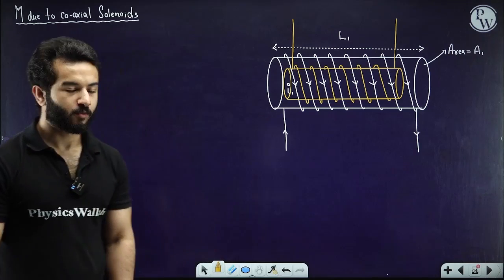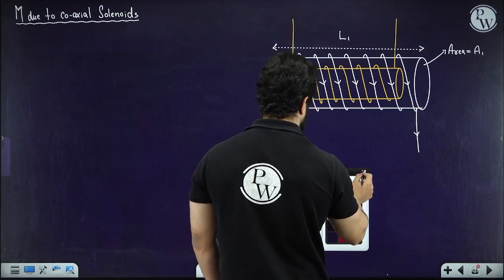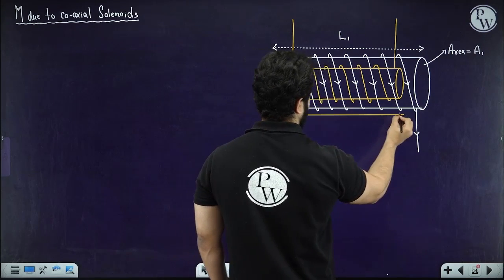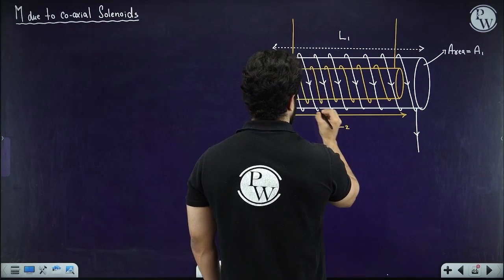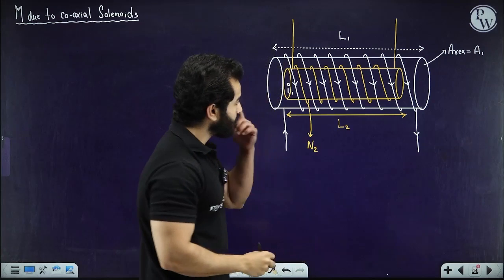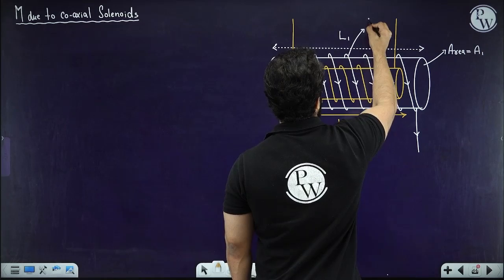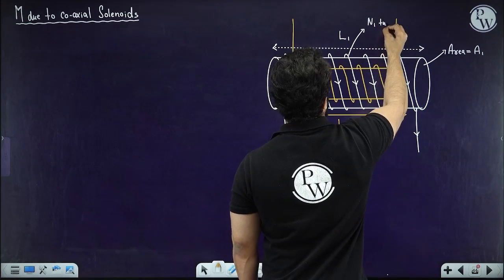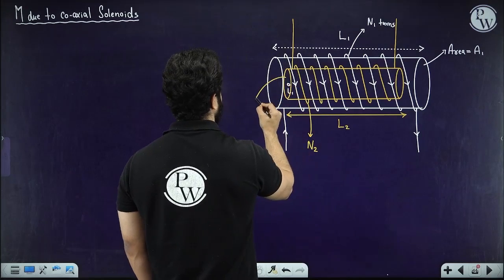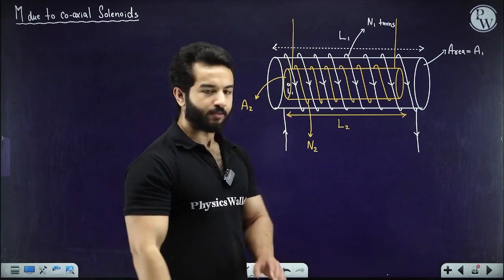Hopefully everything is clear. We have two coaxial solenoids. The length of this solenoid is, let's say, L2. The total number of turns is, let's suppose, N2. The total number of turns in the primary coil is N1. If you have not written it yet, the total number of turns in the primary coil is N1. The area of cross section of the smaller coil is A2. Hopefully everything is clear, right?